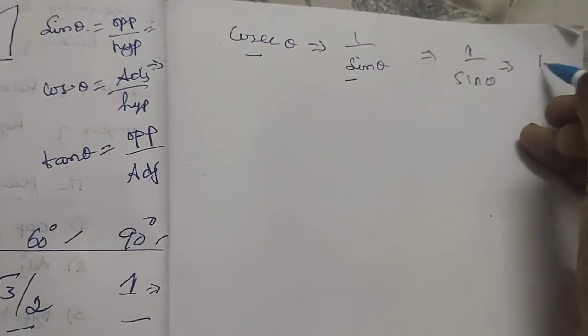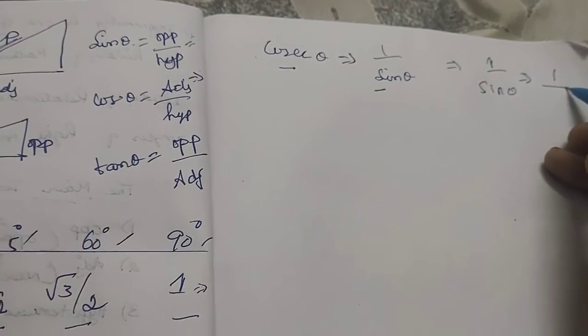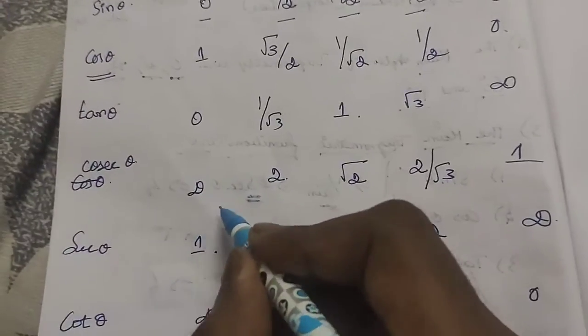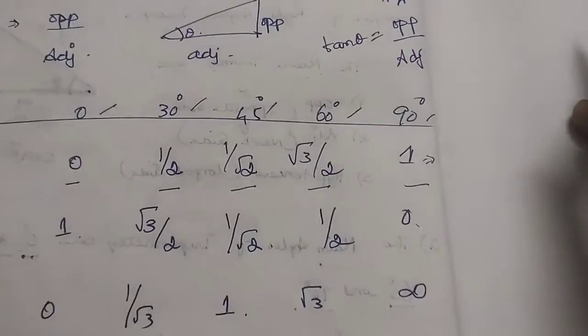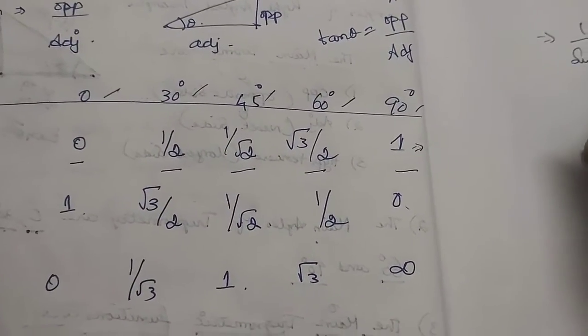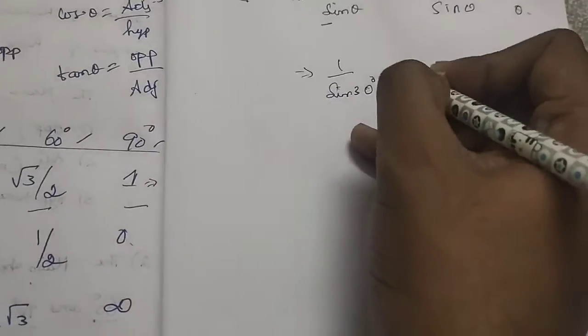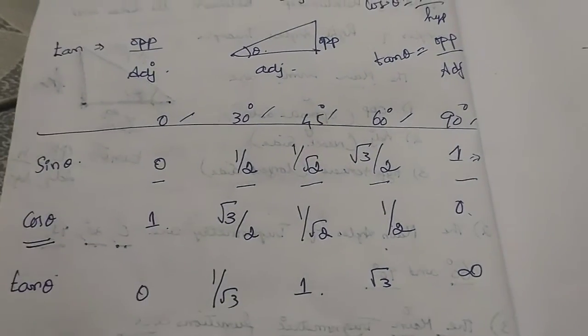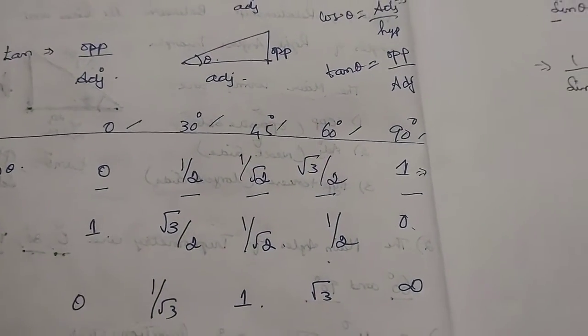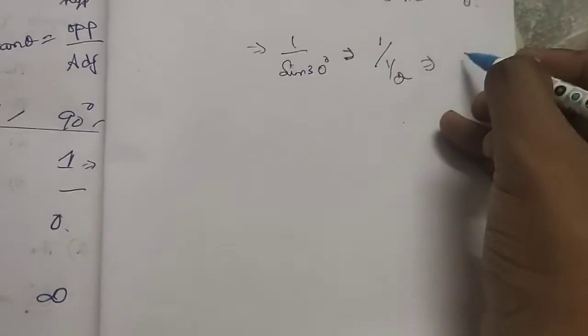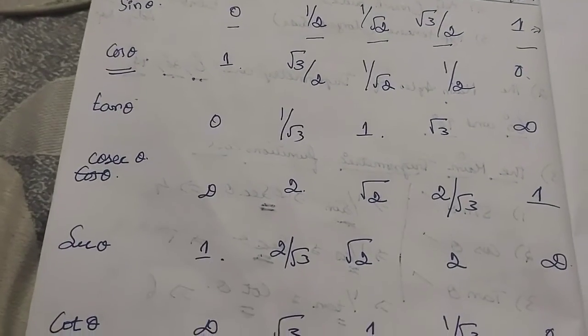Sin 0 we already know is 0, and 1 by 0 is infinity. Next 1 by sin 30. What is the value of 1 by sin 30? 1 by 1 by 2, the 2 comes over to the top, so cosecant 30 is 2.